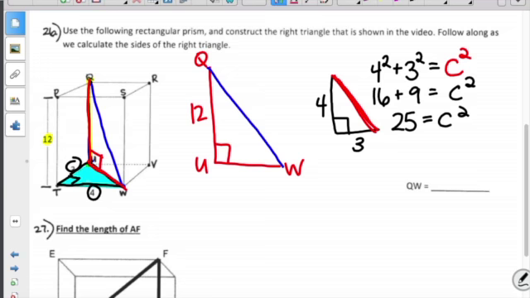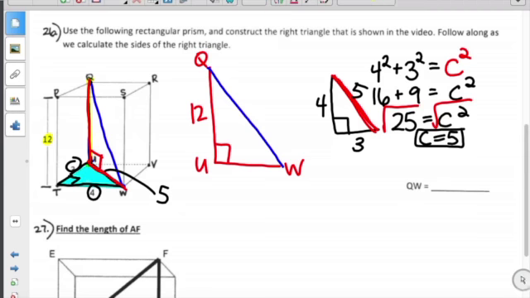Square root of 25 is 5. So c equals 5. So this one right here is 5, which means this one right here is 5, my red line right there, UW. Okay, so I can add that to my drawing over here. UW is 5.